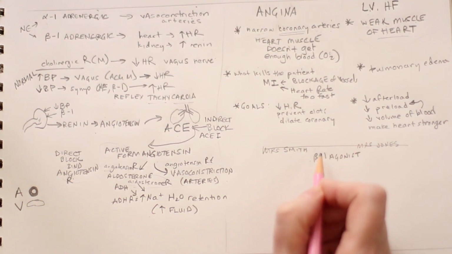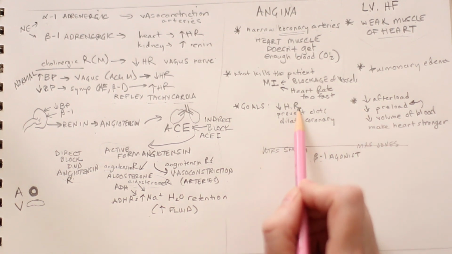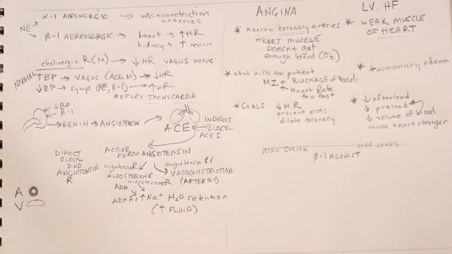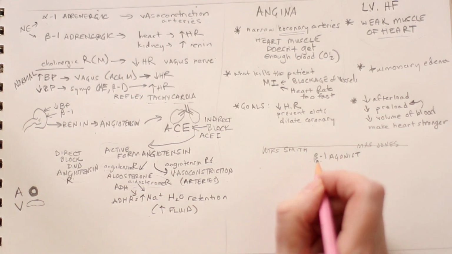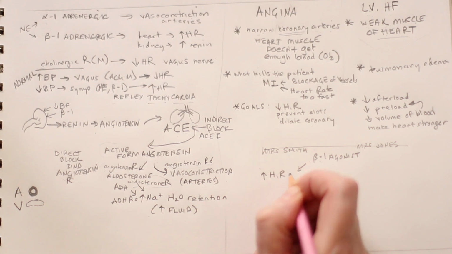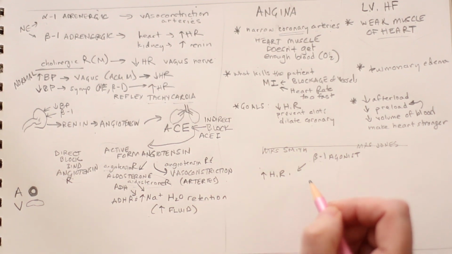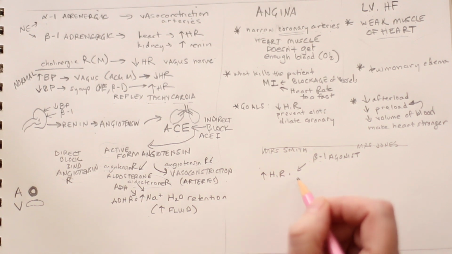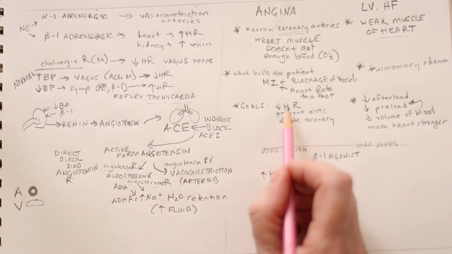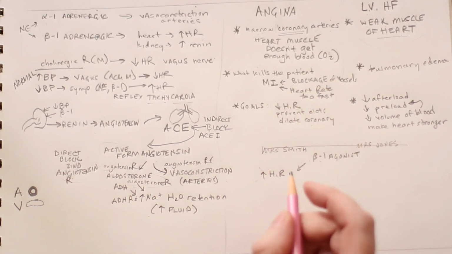Okay, well, a beta-1 agonist, the goals of treating angina are going to be decrease heart rate, prevent clots, dilate coronary arteries. Okay, so a beta-1 agonist we know will increase heart rate, right? Because it binds beta-1 receptors on the heart and increases heart rate. Well, that's the opposite of good, right? So we want to decrease the heart rate, because if you increase the heart rate, then she has an MI.